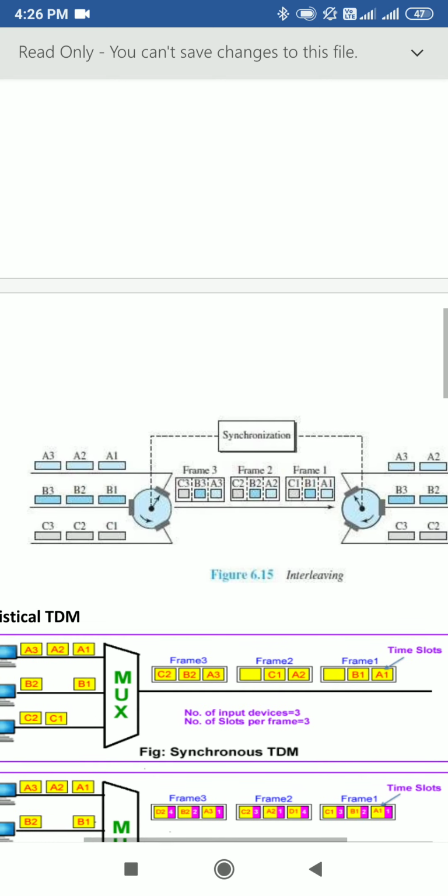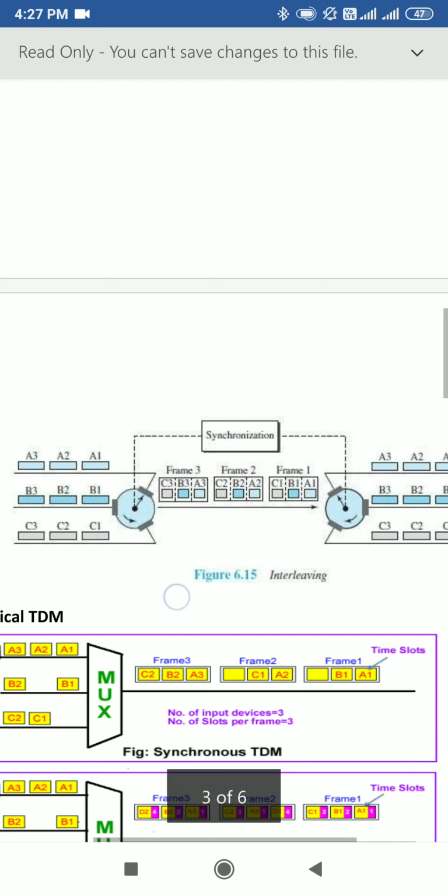Now you can just see the diagram. Again you have the three connections A, B and C. The data of those connections or the devices are divided as data units called A1, A2, A3, B1, B2, B3 and so on. Now since you have the three connections or three devices, over the switch you have three openings.